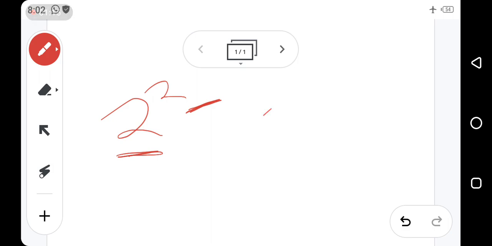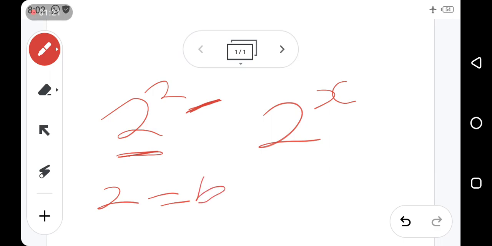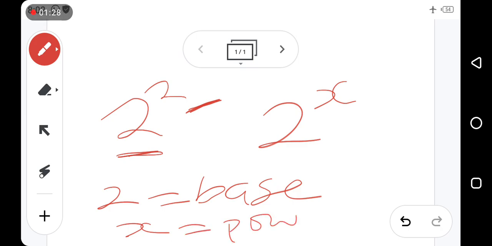For example, let's say you have 2 raised to power of x. 2 is called the base, while your x is called your power or index.